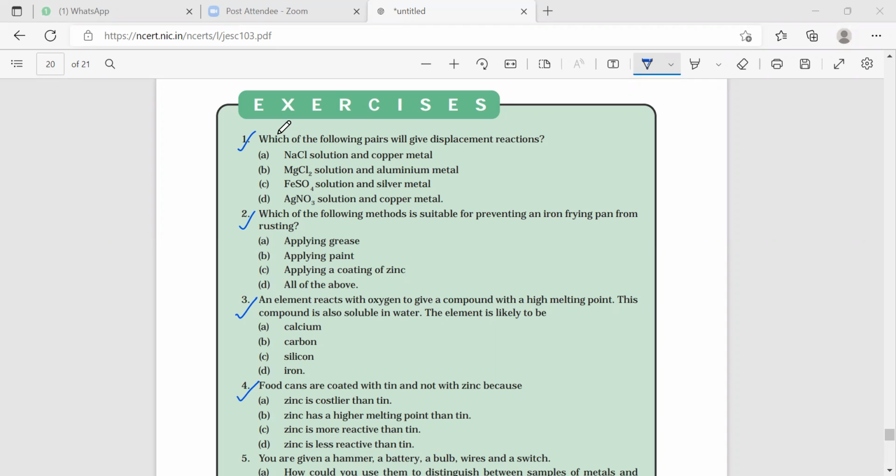What is the answer of this first? Amna and Martin.